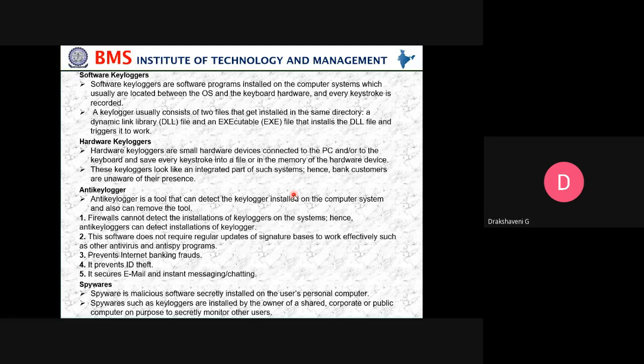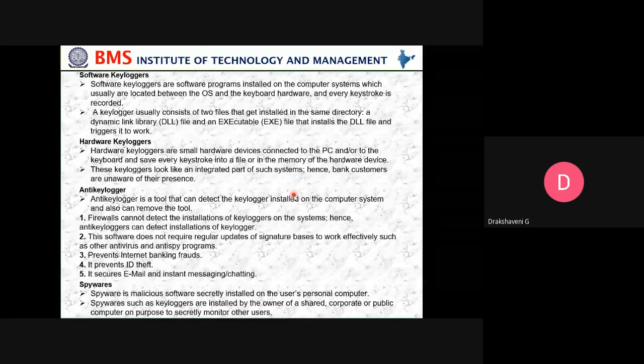Software keyloggers are software programs installed on a computer system, which usually are located between the operating system and the keyboard hardware, and keystrokes are recorded. So it is one type of software located between the keyboard and the operating system, and it records which keys I have pressed. That is what is called a software keylogger.